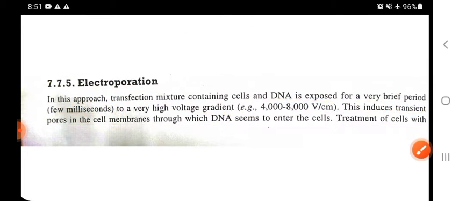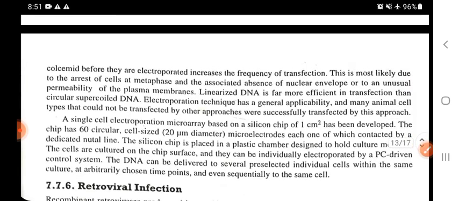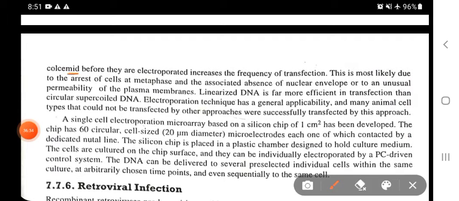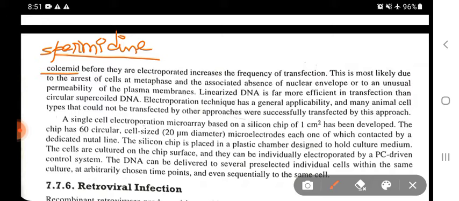Treatment of cells with colcemid, or in the previous notes it is written spermidine, right? Spermidine. So treatment of the cells with colcemid before they are electroporated increases the frequency of transfection.